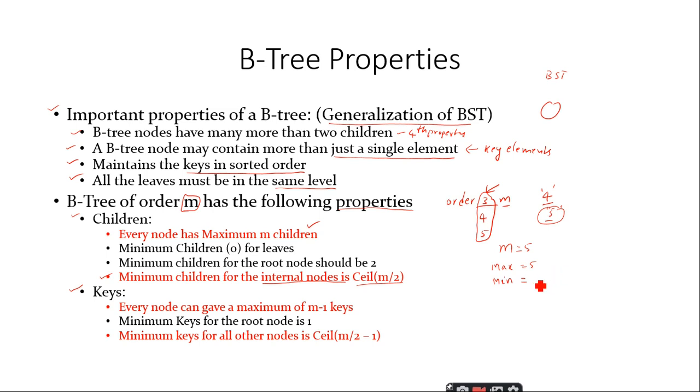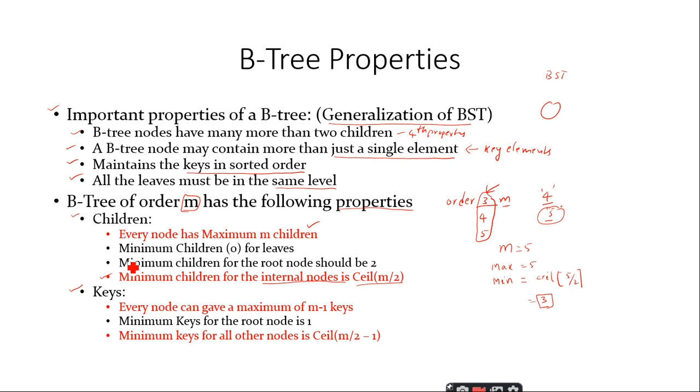Every internal node should have the ceiling of m by 2, that is 5 by 2. What is 5 by 2? It is 2.5. Therefore, if you take the ceil, we will get 3. So every internal node should have a minimum of 3 children. Less than 3 is not acceptable. That's it. Is it clear? Yes, sir.